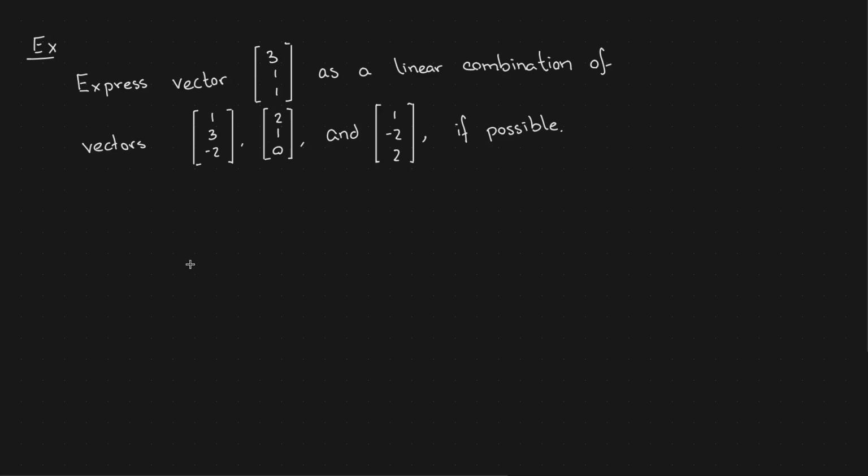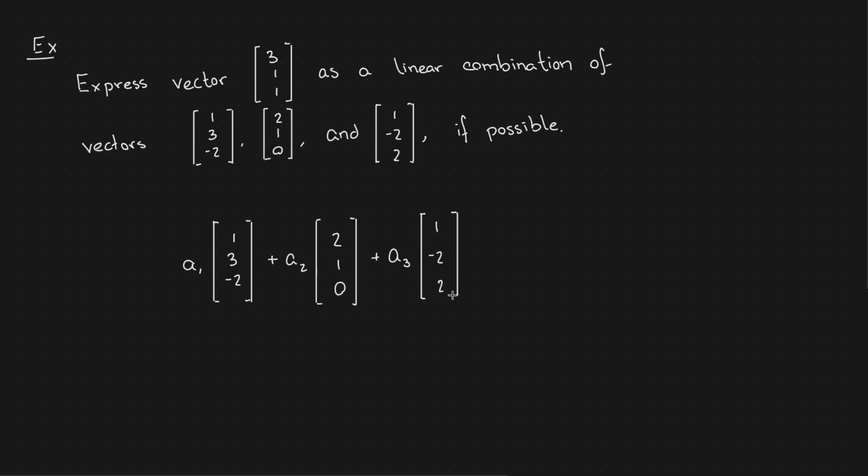That means that some constant times my first vector plus some constant times my second vector plus some constant times my third vector will equal vector 3, 1, 1.